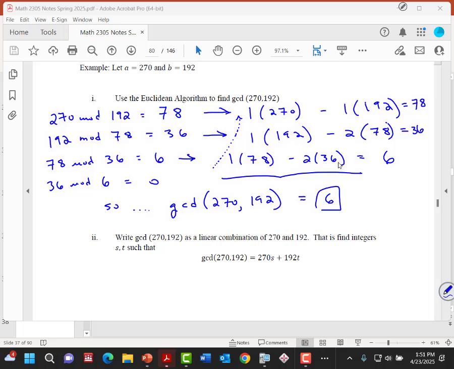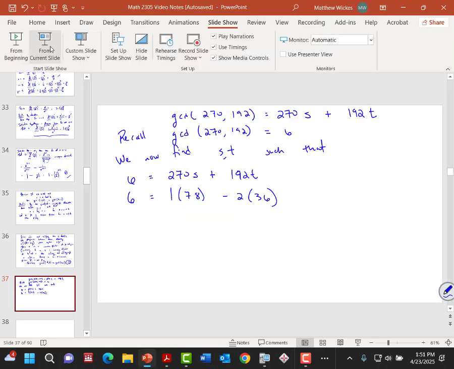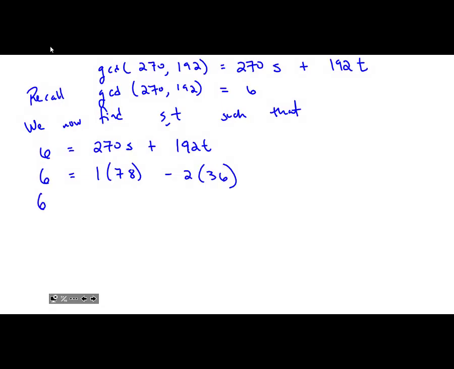Well, how can I write 36? Well, take a look at line number 2. So in this case, I can then say that this is equal to 1 times 78 minus 2 times 36.